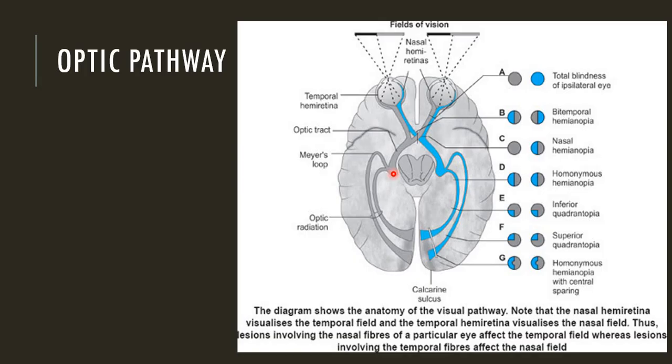The axons from the neurons of this lateral geniculate body are projected as optic radiation to the visual cortex, which is located in the occipital lobe of the brain. The optic radiation is divided into two parts. We have the upper optic radiation and the lower optic radiation.